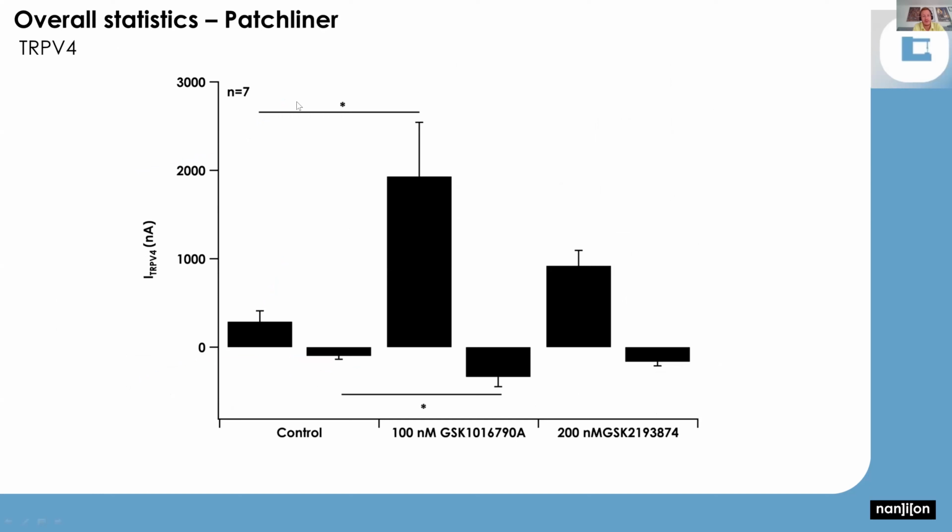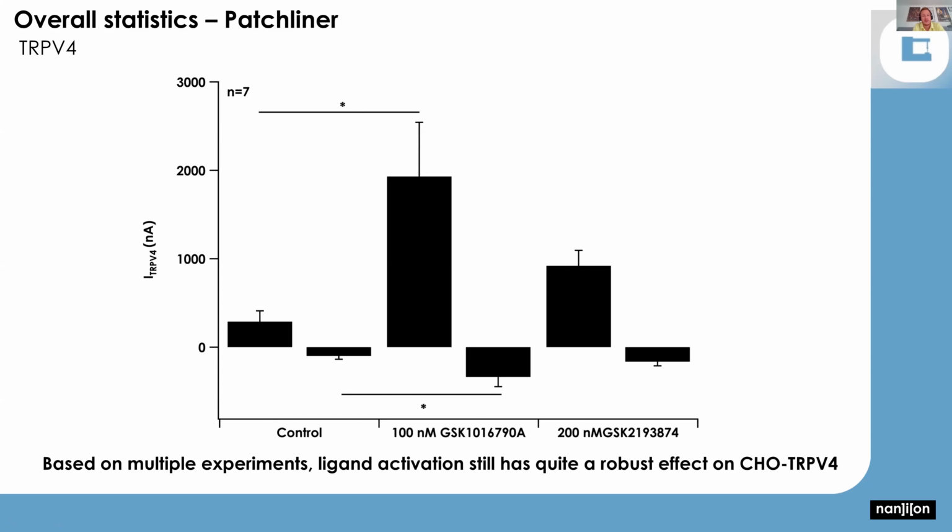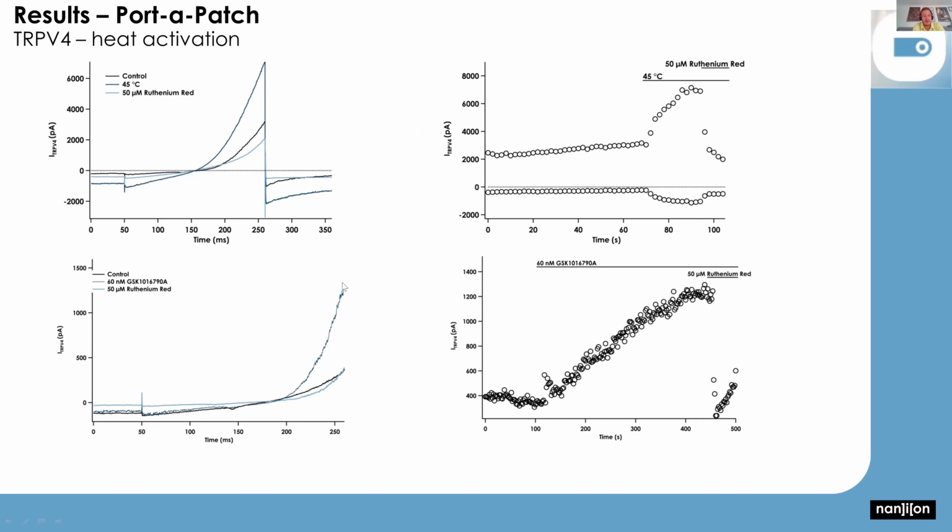And as you can see, we were able to activate a large current with the GSK agonist in 7 recordings. In case of PortaPatch, we also successfully applied 45-degree heat activation.